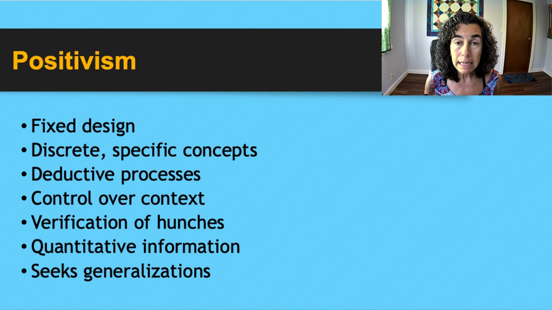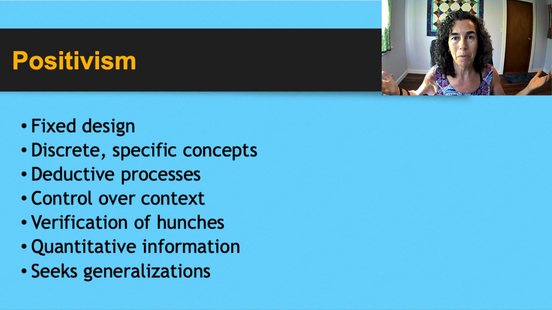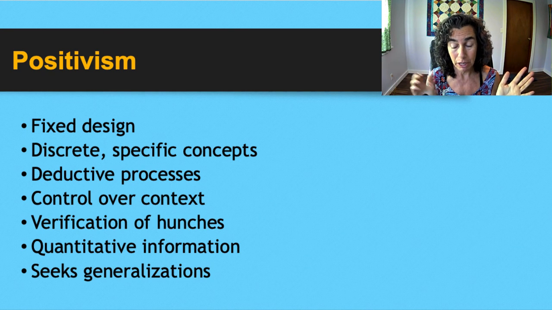And it seeks to generalize. So whenever we do research, we work with a sample because we can't work with a whole population, right? Populations are ginormous. So we work with a sample, and then we see how comfortable we are with generalizing from the sample to the representative population. And positivism looks at that.